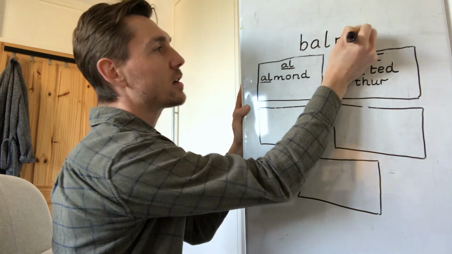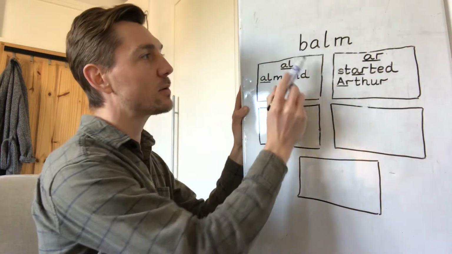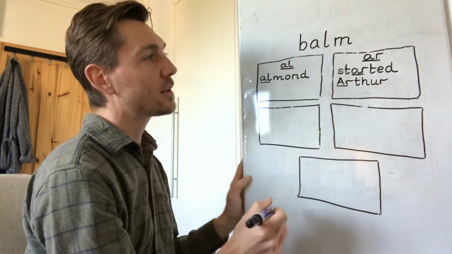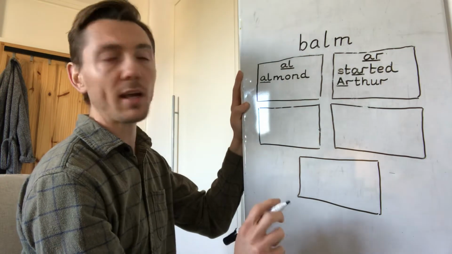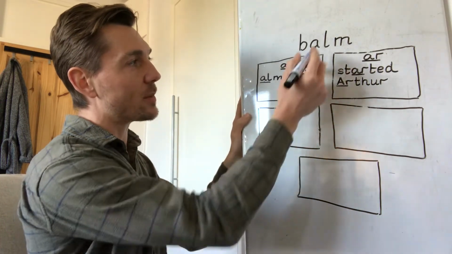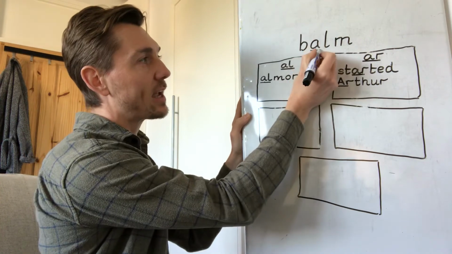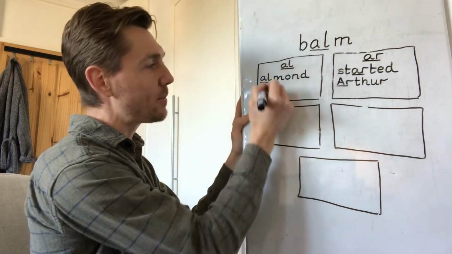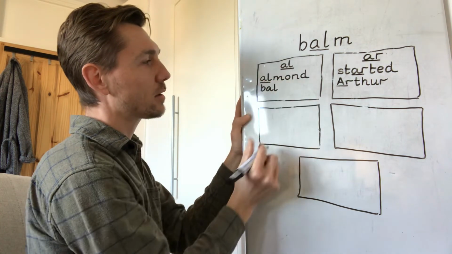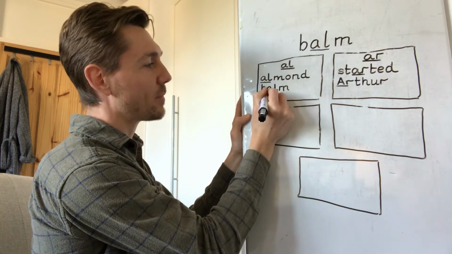After 3. 1, 2, 3. Barn. Good. So it has an R spelling, and it shares an R spelling with almond, doesn't it? It's got that AL spelling of R in barn. B, R. Underline my R spelling.